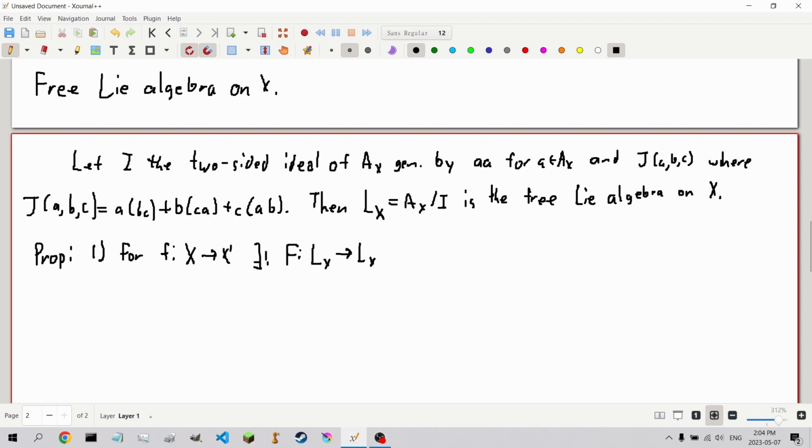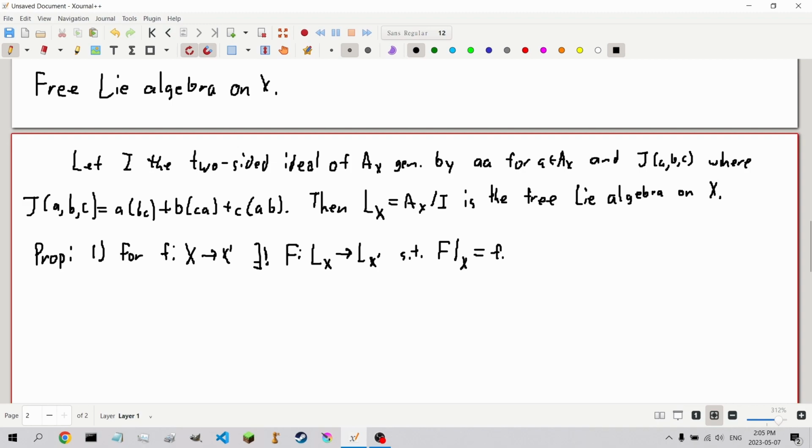Keep in mind this capital X also does not have any special properties. It's not a homomorphism of Lie algebras or anything, such that our unique condition is that the restriction of F to X inside of LX is just f.